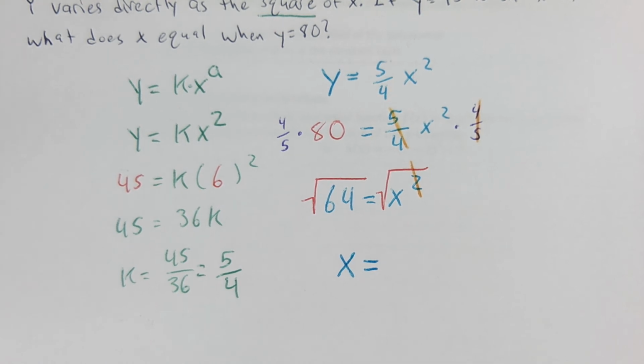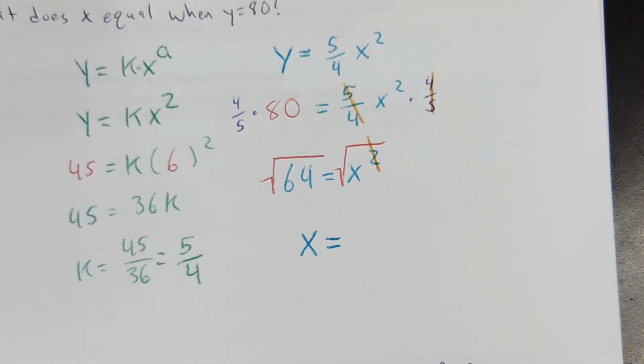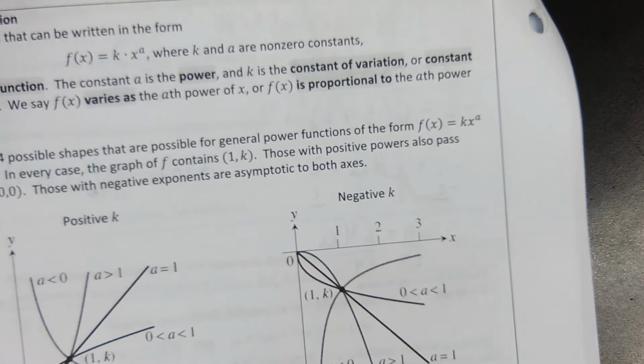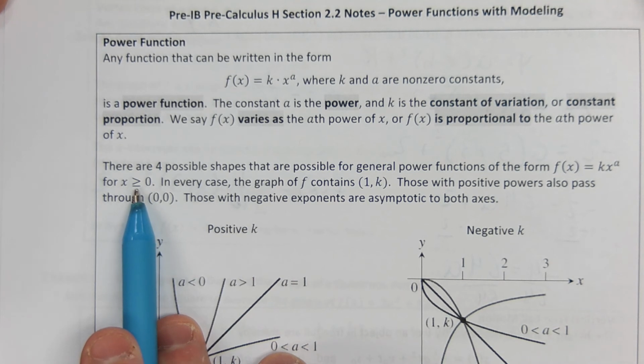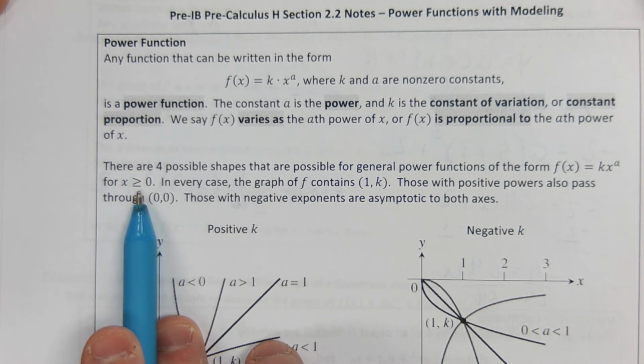Yes, because when you square it, you got it. No, because no. Oh, but x can't be negative in this. These are power functions, so x cannot be negative. It's not a standard quadratic.